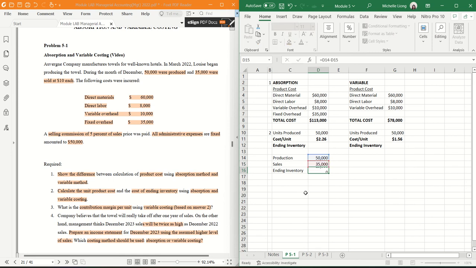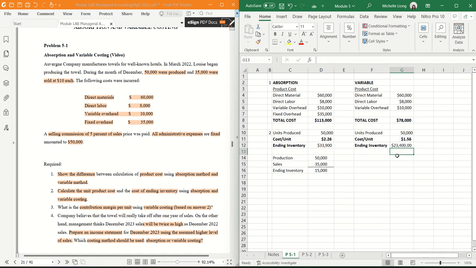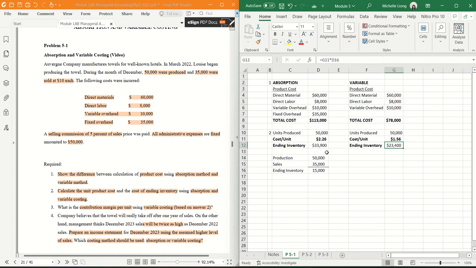And you get your ending inventory of 15,000. From where is the 35,000? It's from here, 35,000 were sold. So we got the ending inventory. How much is ending inventory in cost? You just need to multiply the cost per unit by the ending inventory right here, and you get the amount. The same as this. Yep, and you get the amount for the ending inventory. And we're done with number two.